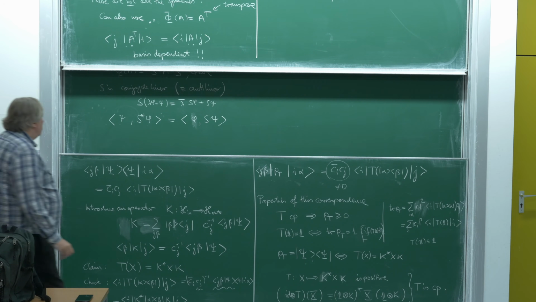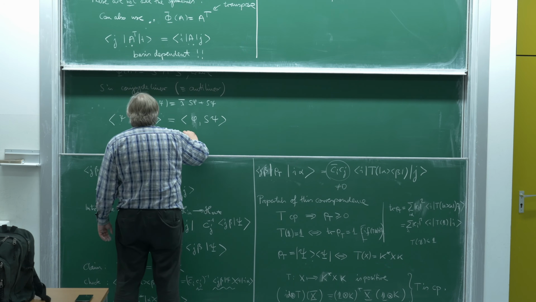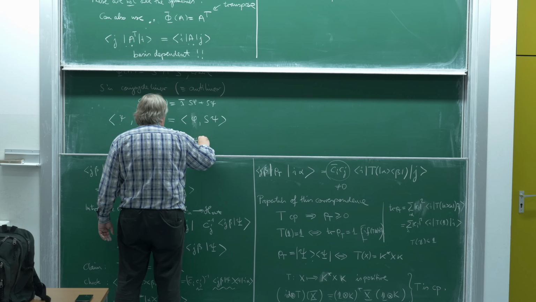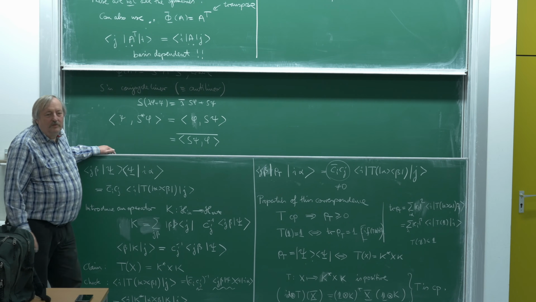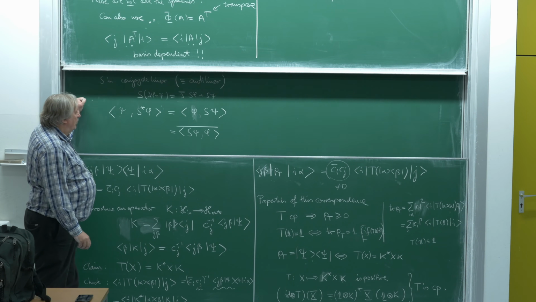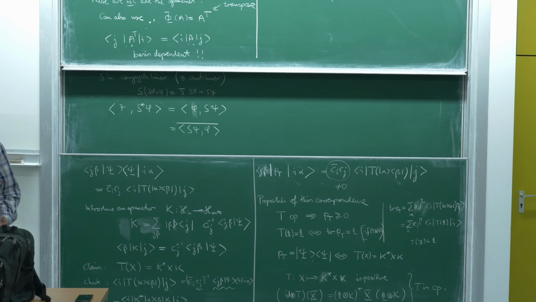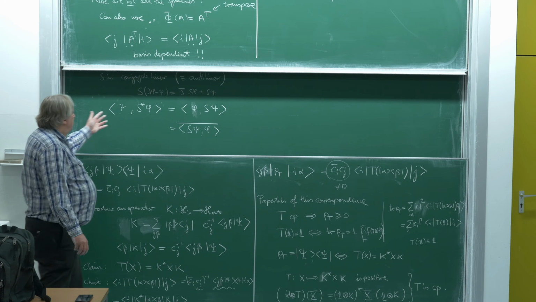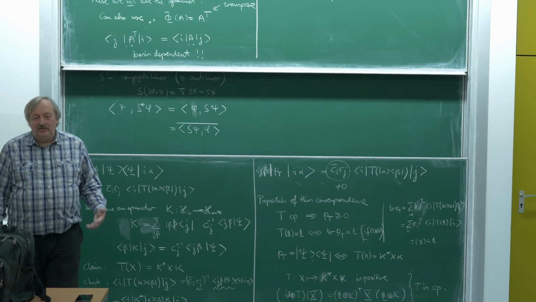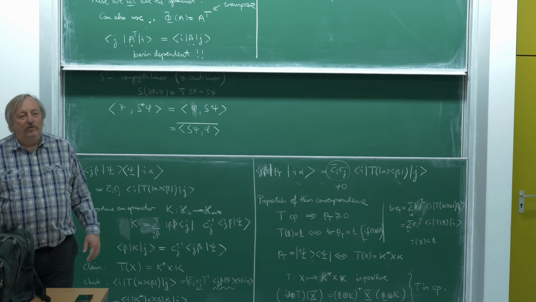Or you could also take the usual definition, S psi, phi, and put a complex conjugate over it. That also works, of course these two are the same. But you need this extra complex conjugate because you've messed with scalar multiplication, and then you have to phrase things in such a way that the equation has a chance to be right, and then it will be right.